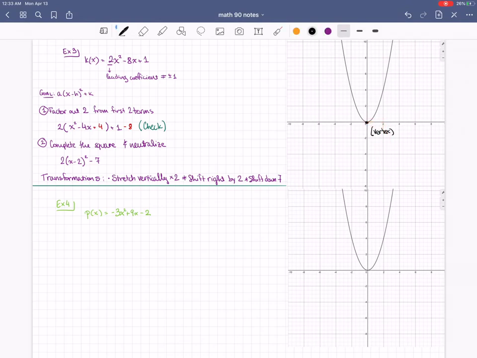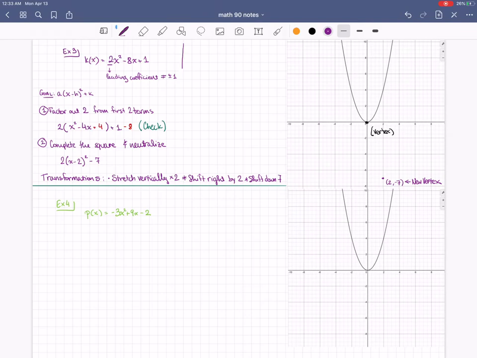So that point 2, -7 is the new vertex. Notice that there wasn't a reflection, so the parabola did start opening up. It continues to open up. So the vertex is still a global minimum, just like it was to start out with.